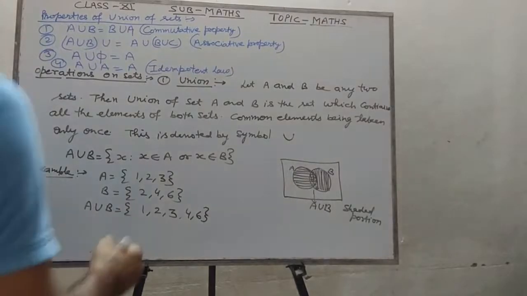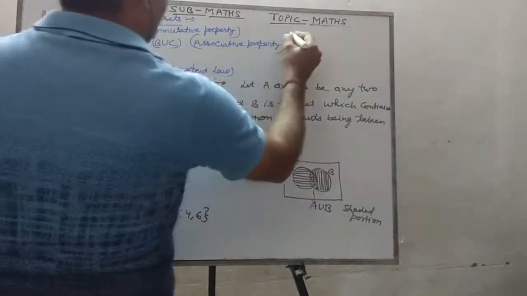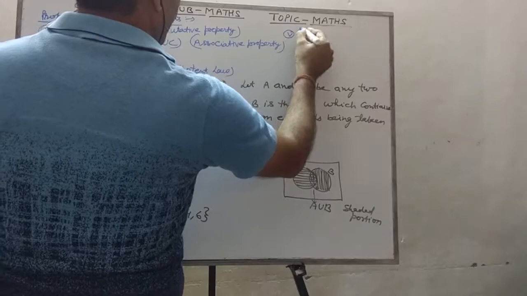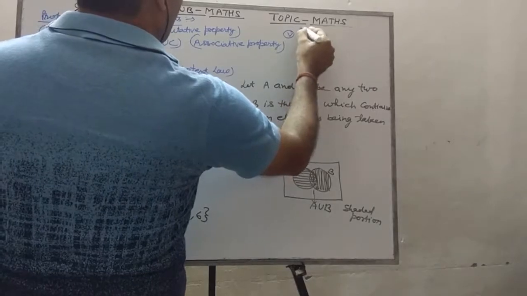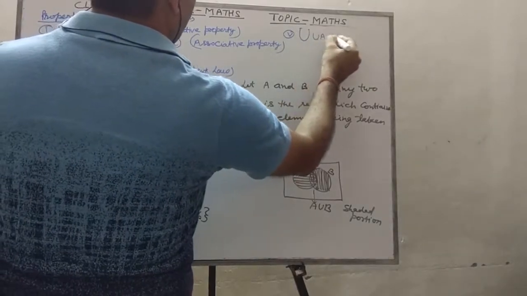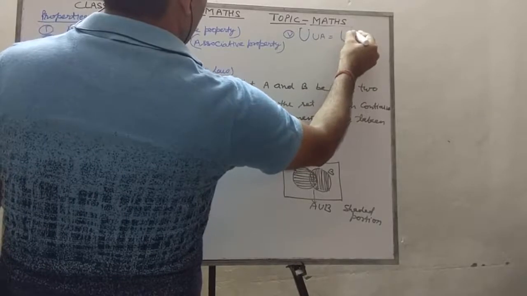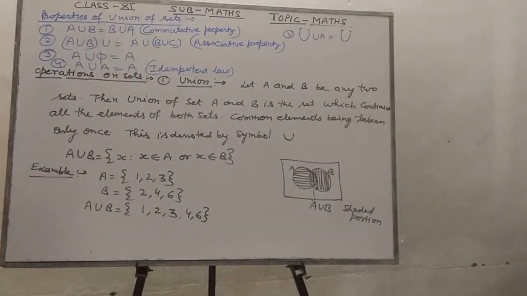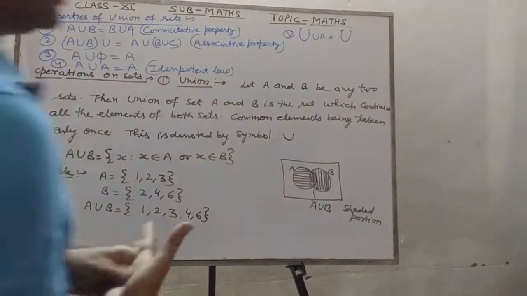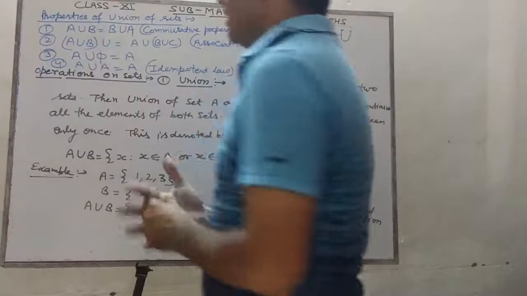One more property: if we take the universal set union A, then we get the universal set. These will be very helpful when we deal with problems.